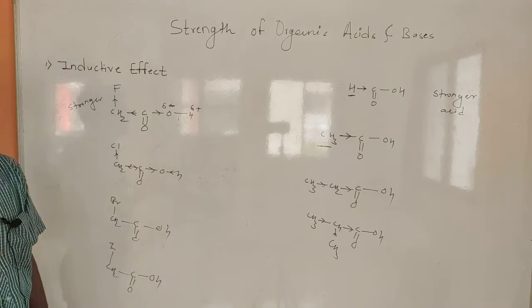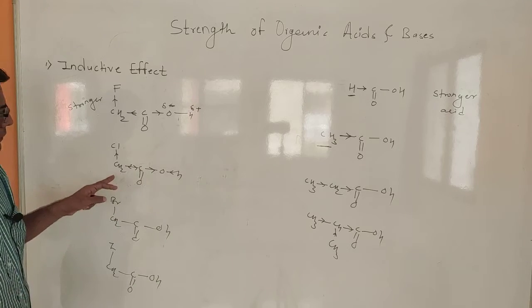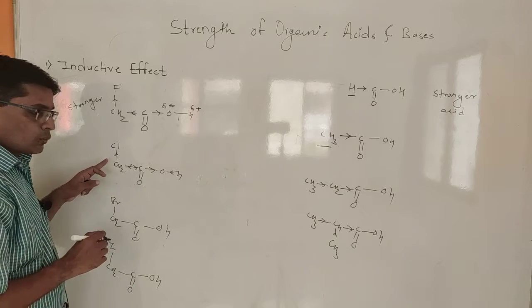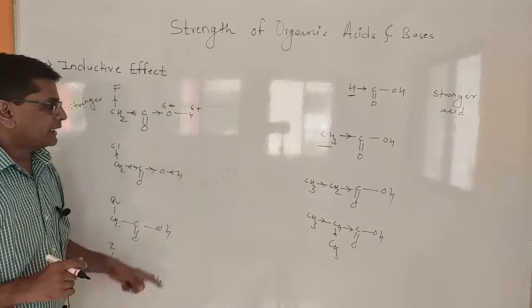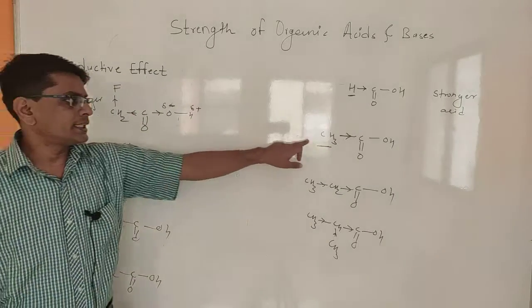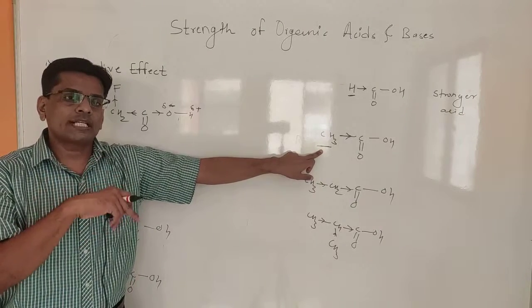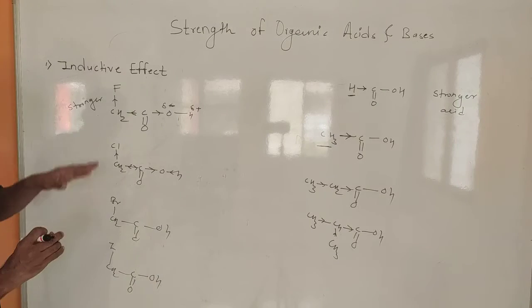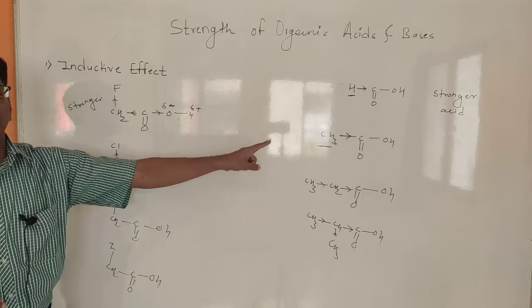This is due to the electronegativity of fluorine. Again, if we compare chloroacetic acid and acetic acid, chloroacetic acid is a stronger acid than acetic acid, or all these halosubstituted acetic acids are more acidic than acetic acid.